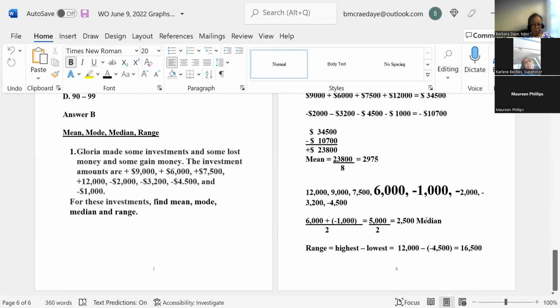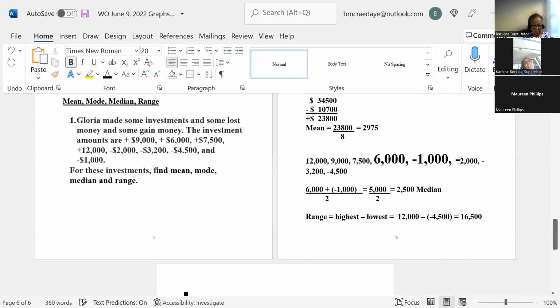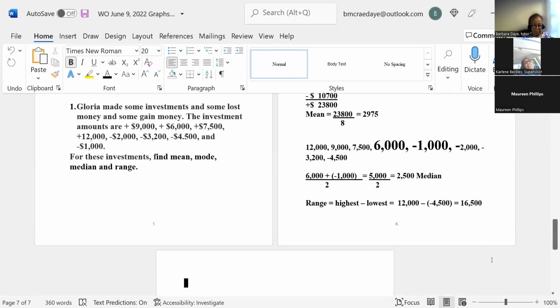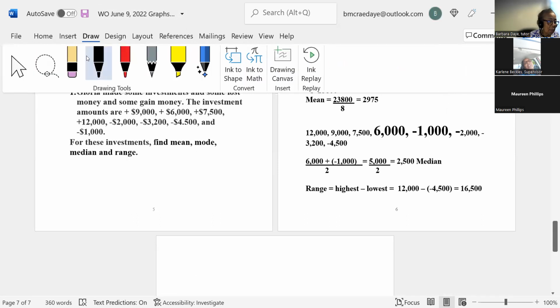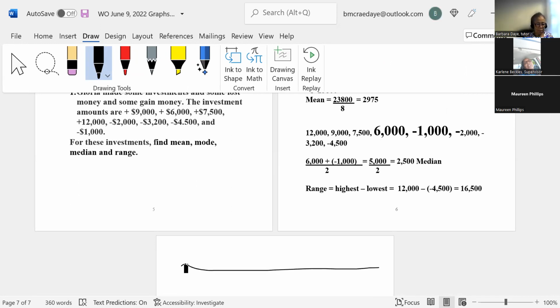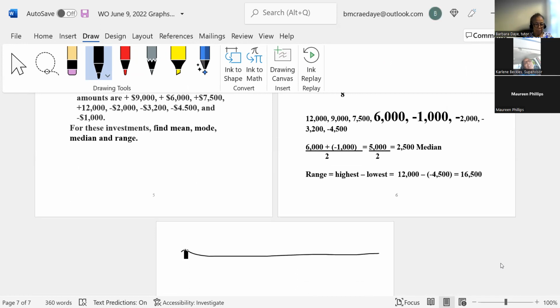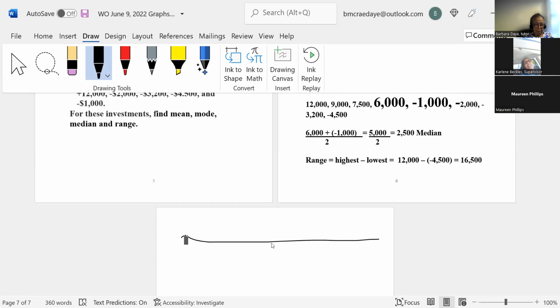Now, I think we're still having a problem with the negative and positive numbers. Let me just put here, let's see if I can draw a line. Okay, if this is the number line, right? In the middle, we have a 0.